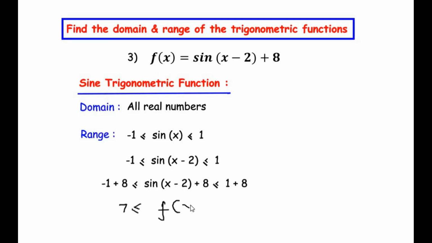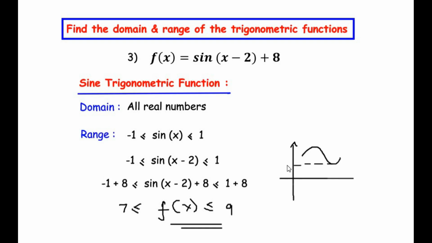So writing here f of x is less than or equal to 1 plus 8 is 9. So this is the range of the given function. So if you want to visualize it, for example, the curve reaches maximum till 9 and reaches minimum till 7. So its minimum value is 7 and its maximum value is 9. And this is on the y-axis.